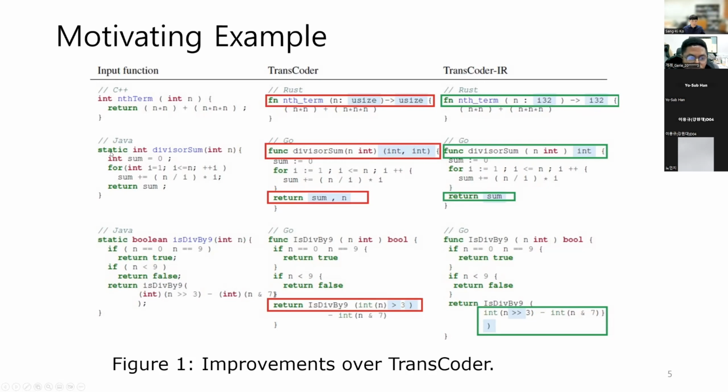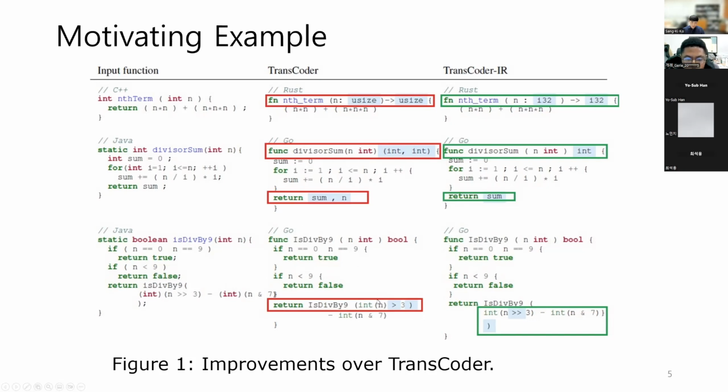The second example is translating from Java to the Go programming language. Here we can see the return term is totally mismatched from the input programming language, and there are also argument mismatches. So TransCoder-IR has fixed it in this way. The same goes for the third program translation, where the program is translated to Go.